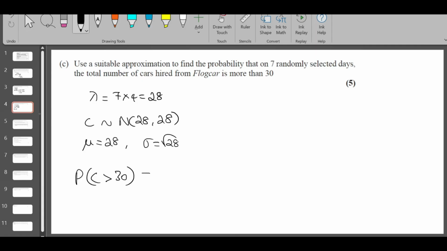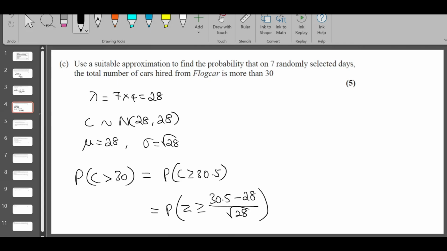Since it's a discrete random variable and we change it to continuous, you need to apply continuity correction. So more than 30 is the same as more than or equal to 30.5. Then apply standardization of the normal distribution. Z is greater than or equal to 30.5 minus mu over sigma.